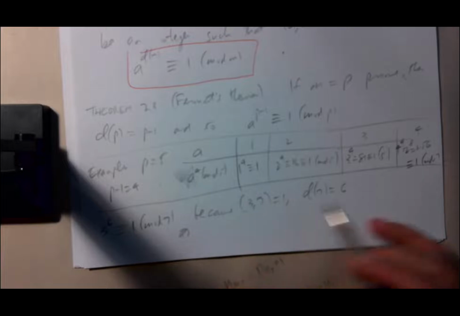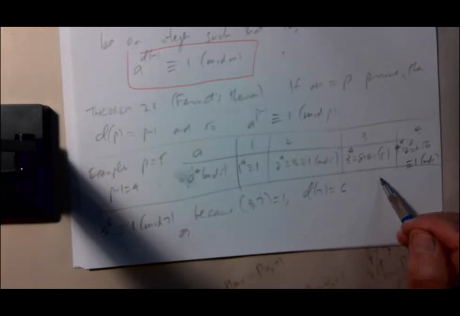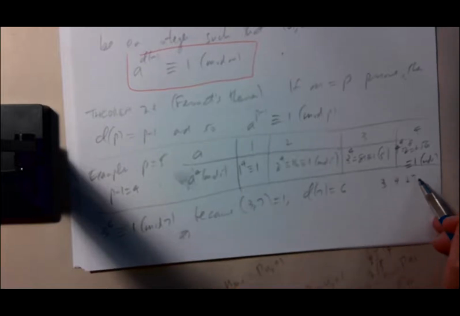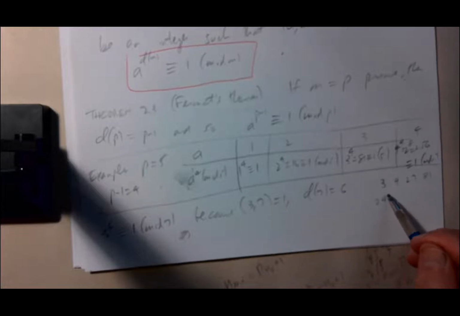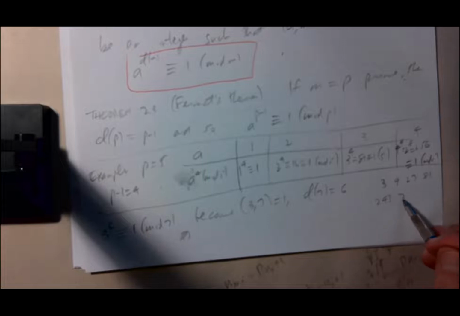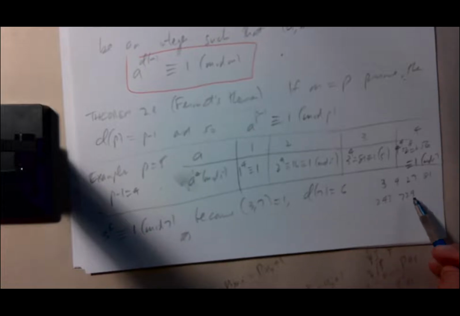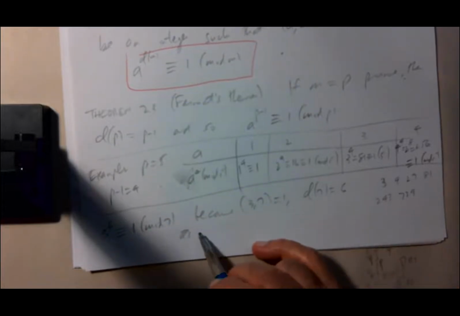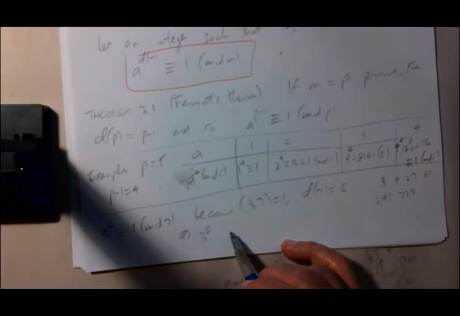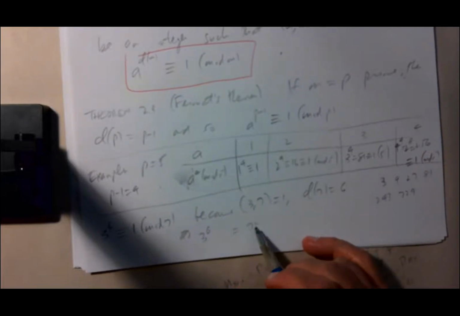The powers of 3: 3, 9, 27, 81, 243, 729. So 3 to the 6th is 729.